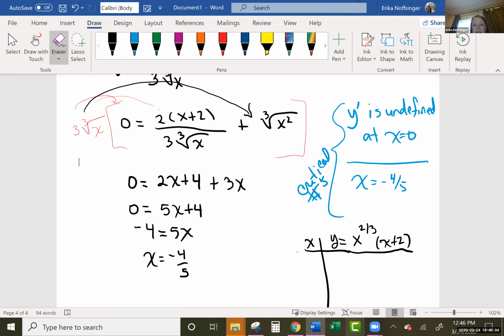If we plug in 0 into that original function, 0 raised to any power is 0, and 0 times anything is also 0, so we have a point at 0, 0.